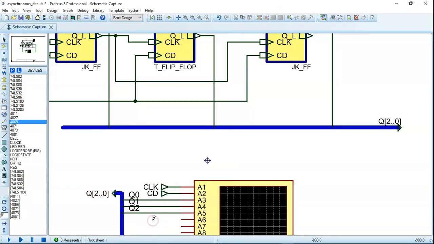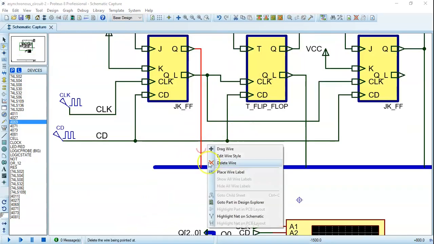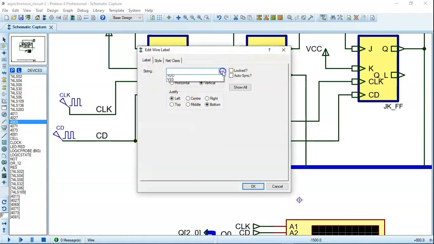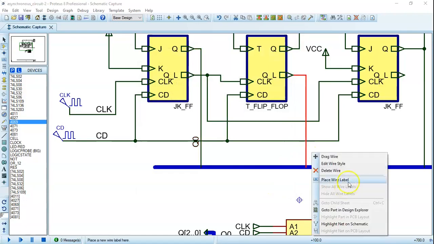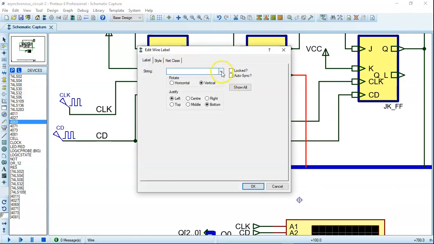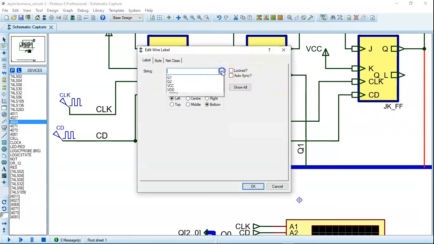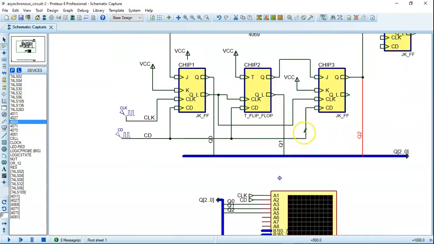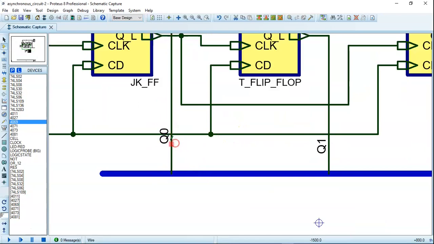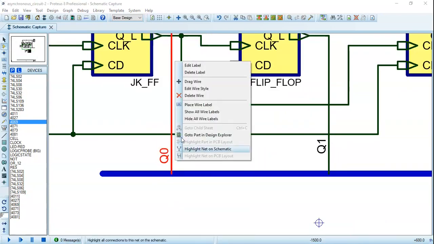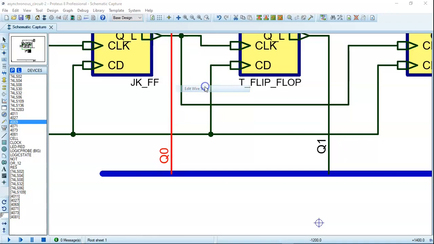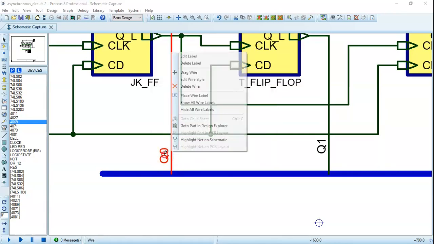The Q3 is out of here, so now it is this wire, you know, you have to place a wire label, which is Q0, right? You can pick up it from the list. Another one here, which is Q1, and finally another one here, which is Q2, you know, but you can edit very well the labels as well, horizontally or vertically.